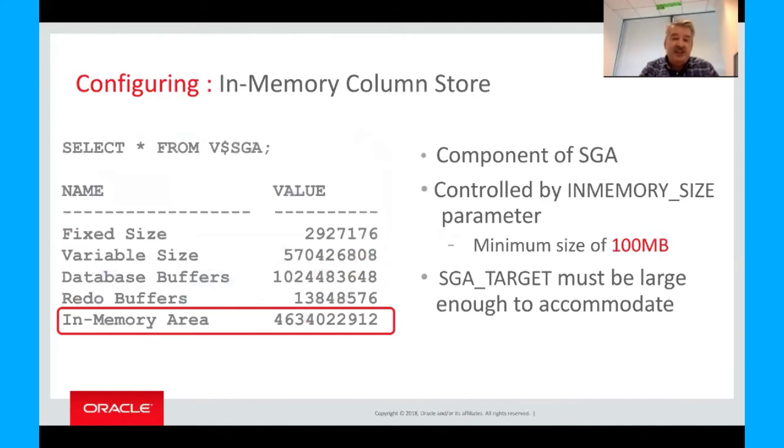You see here the ability, in SQL*Plus or as a DBA, to manage the database the same way. You would see a new in-memory area if you allocated the column store. I think that was 4 gigabytes there. And so it really doesn't change any of the existing administrative features of the database.